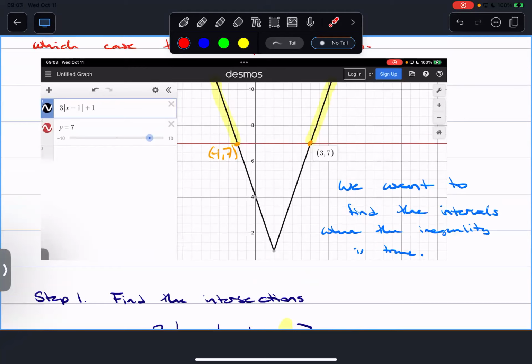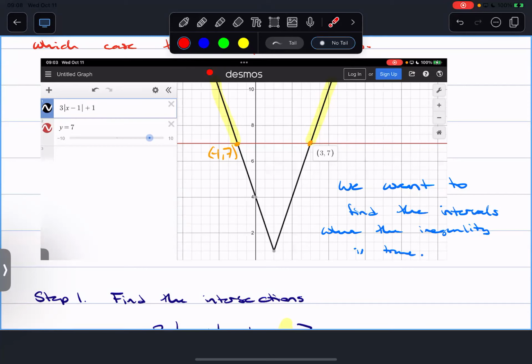But if we have intersections, which we've already found that there are, then for this entire range, or domain rather, the inequality is satisfied. That's going to be true for any value of x that's less than -1, going to -infinity. All the outputs are greater than 7.